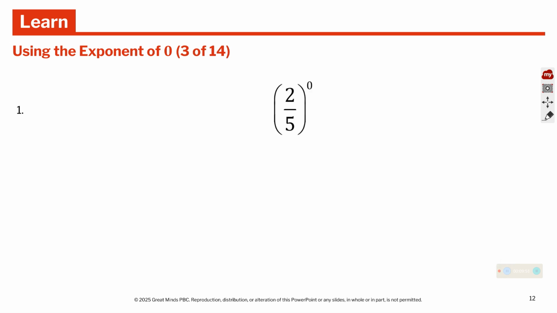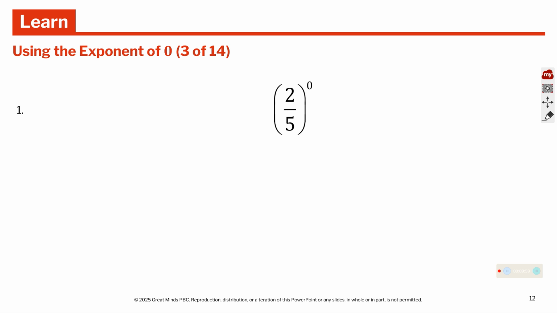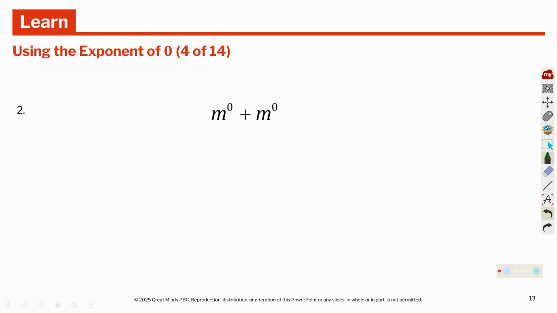We're going to go through these rapid fire. They are not in your workbook, but here, anything to the 0 power is 1. This one, we would have a 1 here and a 1 here, so 1 plus 1 is 2.